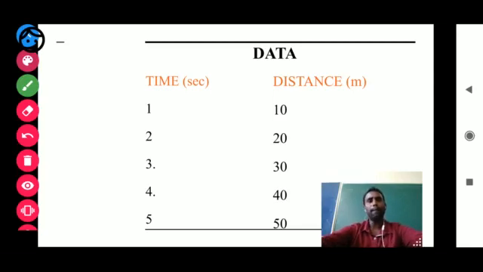From this data, can you plot the graph? Time is always taken on the x-axis and distance on the y-axis. If you plot the graph and join all the points, which one will you get? Yes, of course, a straight line will come, right?